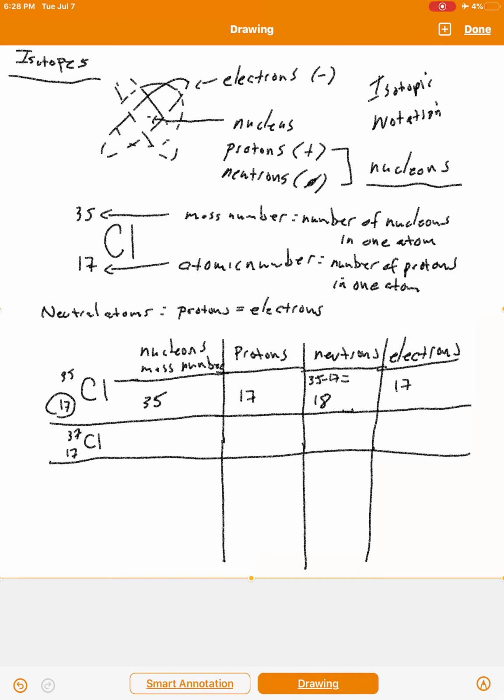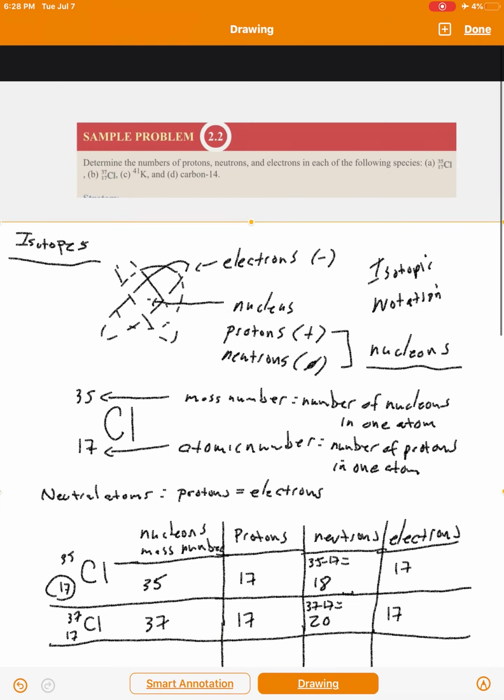So any atom that has 17 protons is chlorine. So again, here's our mass number, 37, but the number of protons is 17. It's chlorine, so it's got to be 17. And then the number of neutrons would be 37 minus 17, which is 20. And then again, the number of protons is equal to the number of electrons, so that's 17.